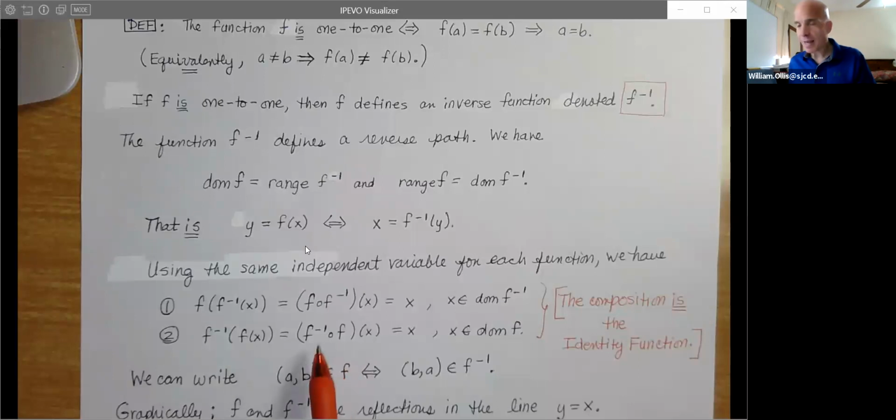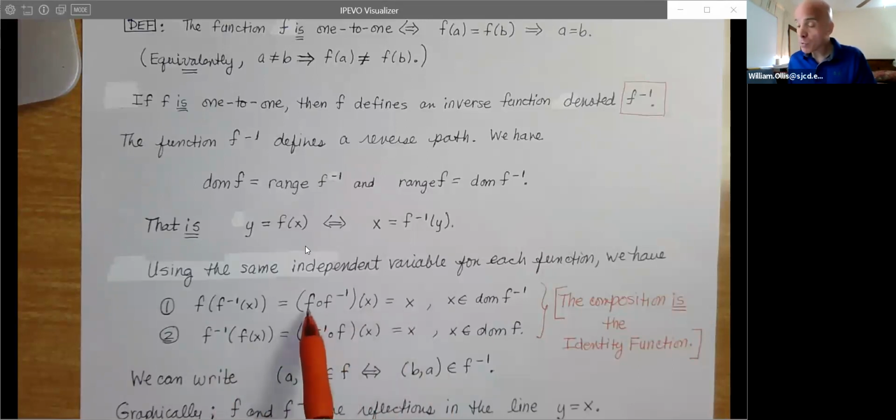And again, like I said before, usually when you compose two functions, they're rarely the same. If you do f composed with g and g composed with f, rarely will they ever be the same. They're really unequal in general. So here's this special case.